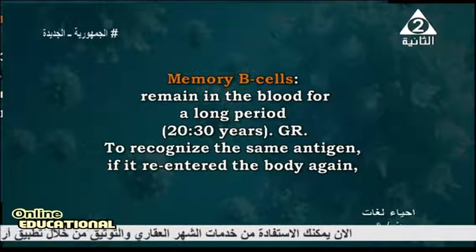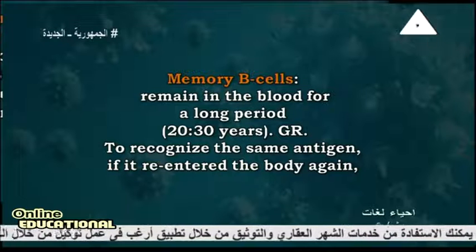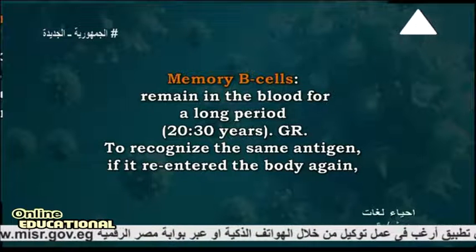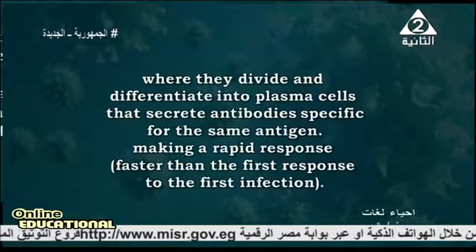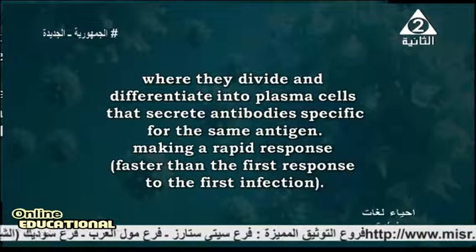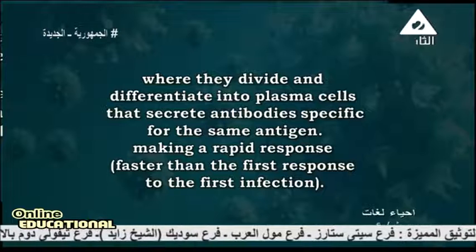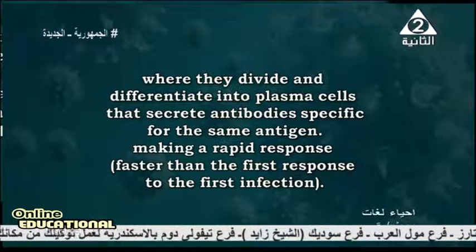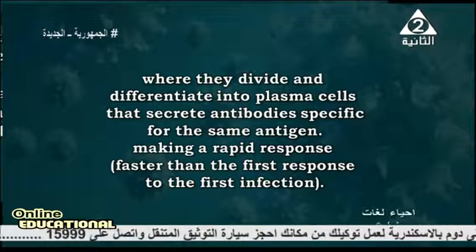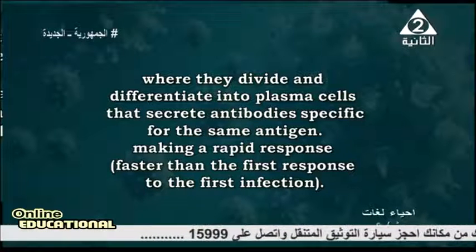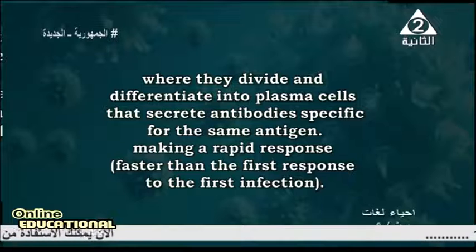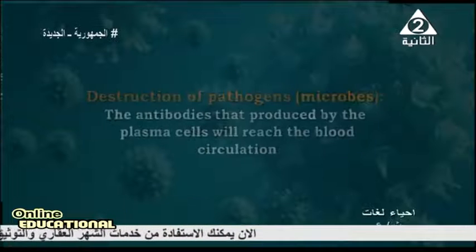If there is invasion by this bacteria, the memory B cell can kill it and prevent the infection from occurring. They divide and differentiate into plasma cells that secrete antibodies specific for the same antigen, making a rapid response, faster than the first response to the first infection.